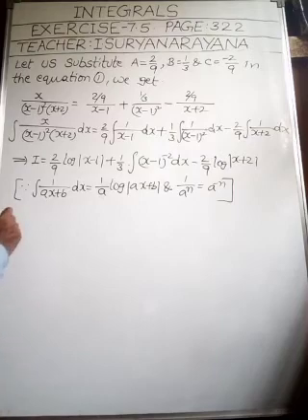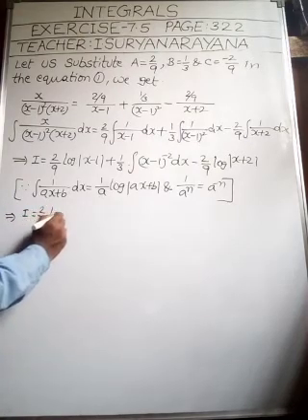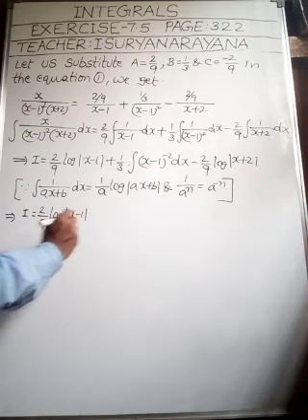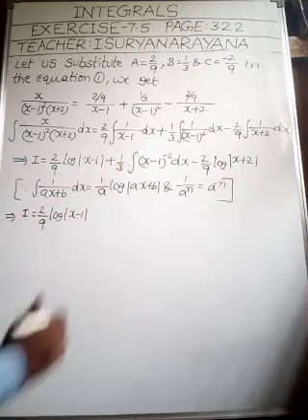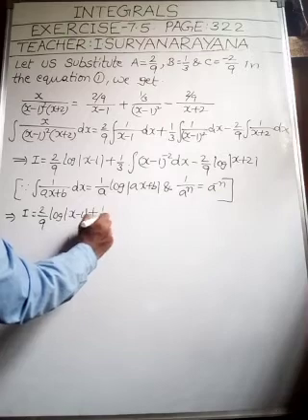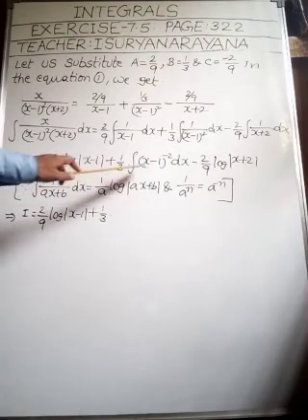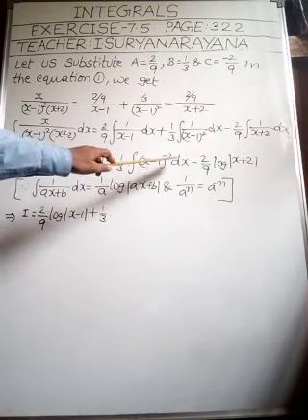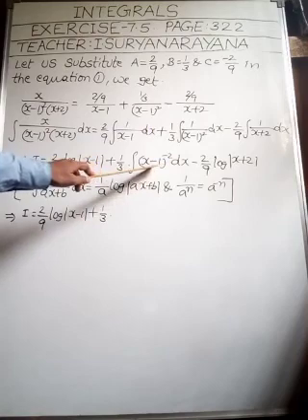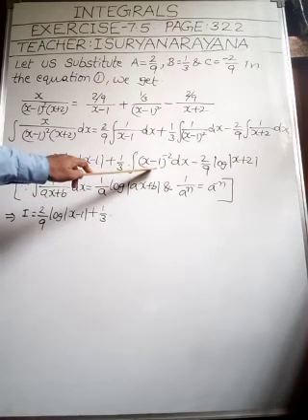Right. This implies I is equal to 2 by 9 log mod x minus 1 plus 1 by 3. Now it is in the form of integral ax plus b whole to the power of n dx. What is the formula? 1 by a.